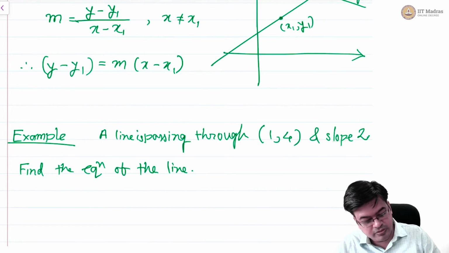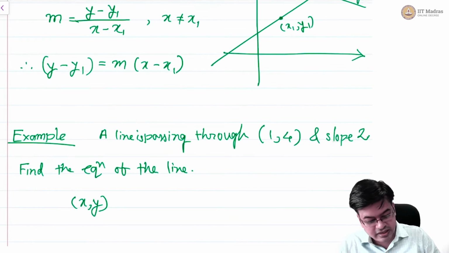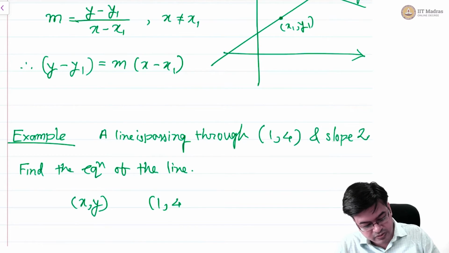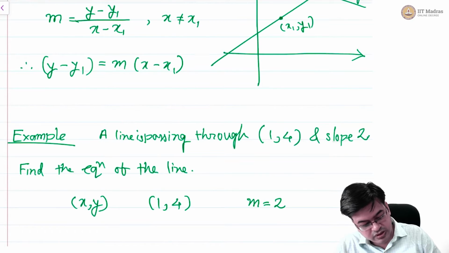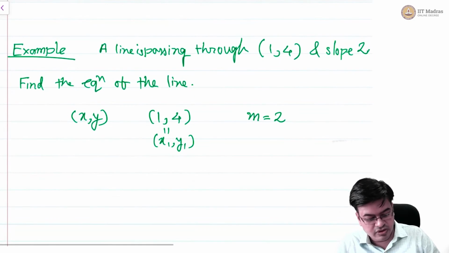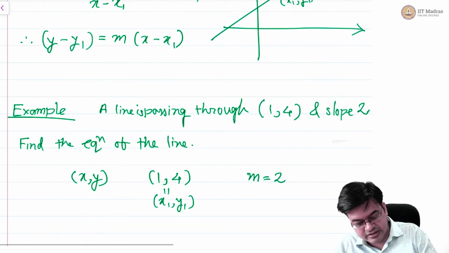So choose another point x comma y. This is another point, and the other point that it passes through is 1 comma 4. You have been given m is equal to 2. This 1 comma 4 you call x1 comma y1. So now you are ready to launch your mechanism, which is this.